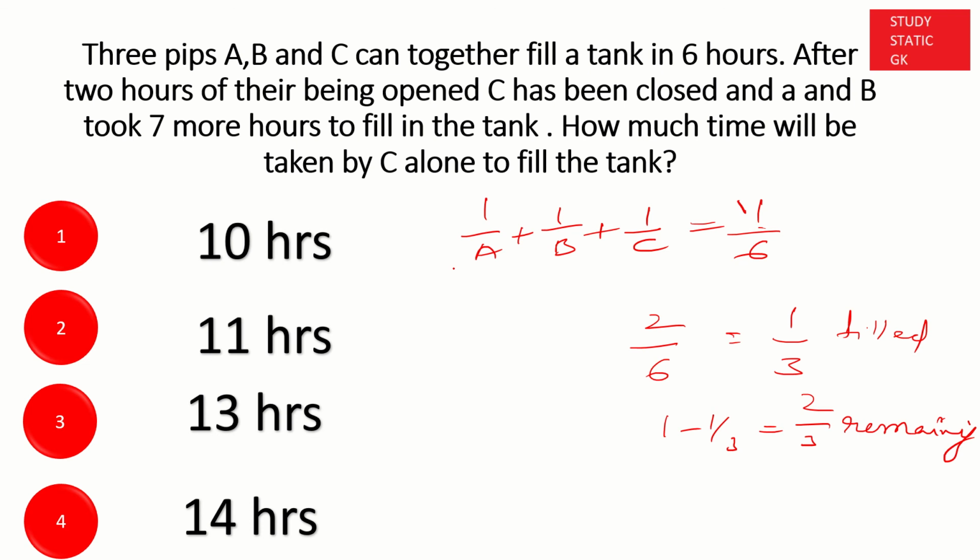So here 1 by A plus 1 by B completed the remaining work in 7 hours. The remaining is 2 by 3, right? So 2 by 3 of the work, 2 by 3 of the tank.